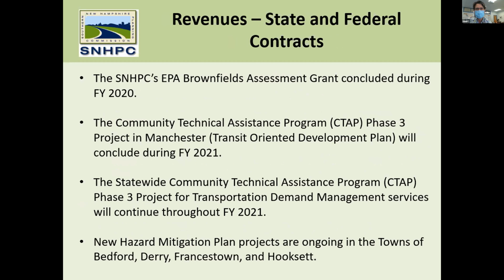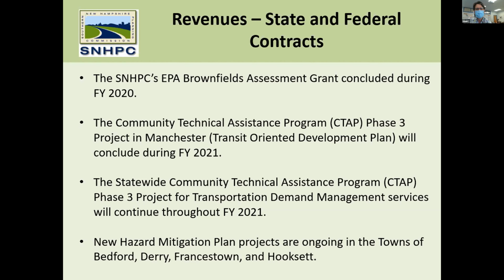As far as state and federal contracts, the EPA Brownfields Assessment Grant was concluded this past year. Well, it was 2019, but it's in our fiscal year 2020. The Community Technical Assistance Program, this is our TOD plan, will conclude in 2021.